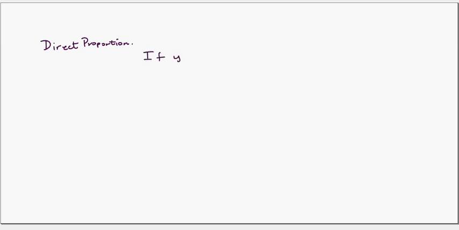If y is proportional to x, this could be written mathematically as y ∝ x. This sign here means proportional. That's the way you write proportional in mathematics.